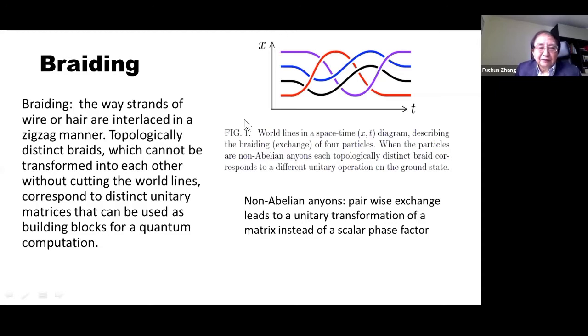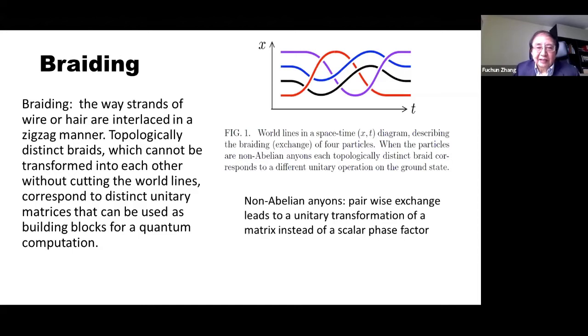And the first try of using physics here to braid, to build a topological computer, was actually based on the fractional quantum Hall effect. People observed the 5/2 quantum Hall effect and attributed it to non-abelian anyons.